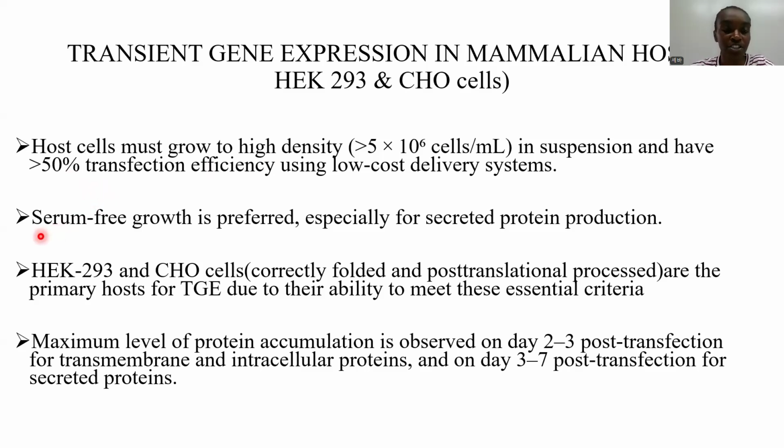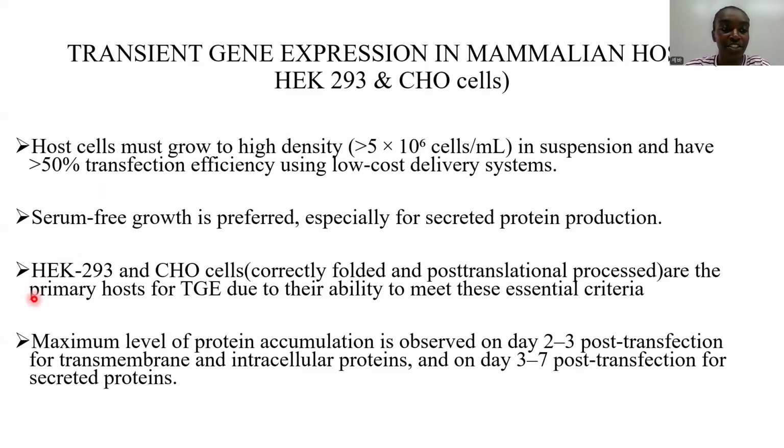Also, another condition that is vital is that serum-free growth is preferred, especially for proteins that are secreted, be it the intracellular protein or transmembrane, or even just the secreted protein to the media, because serum can sometimes affect the downstream purification.